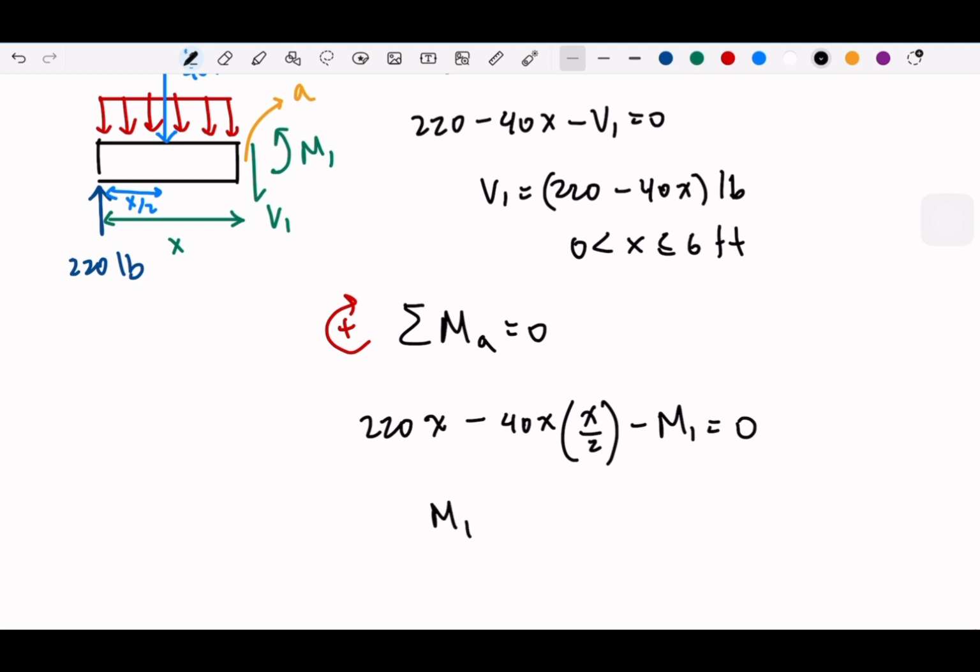So M1 will be 220x minus 20x squared. This is in pound-feet, and we have a quadratic equation for the moment.